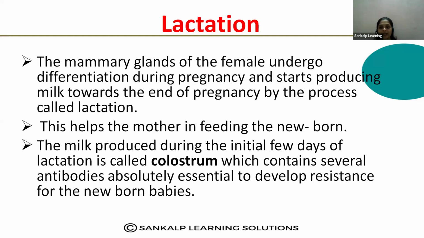At the end of the pregnancy, the production of milk takes place, that is called lactation. So very important, what is lactation? The mammary glands of the female undergo differentiation during the pregnancy and start producing milk towards the end of the pregnancy, by the process called lactation.